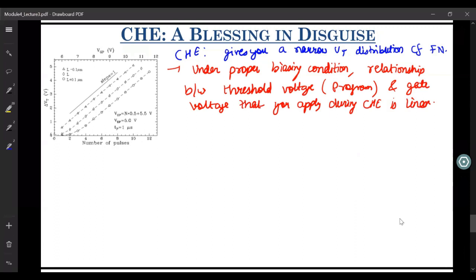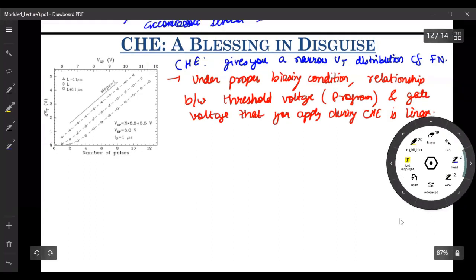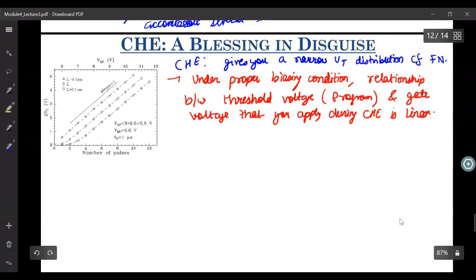So this makes the life of memory engineers really easy. On top of it, the best part is that this relationship is not only linear, but also the slope is unity.